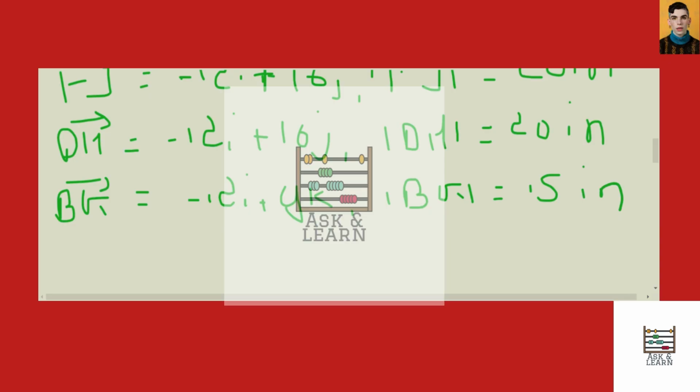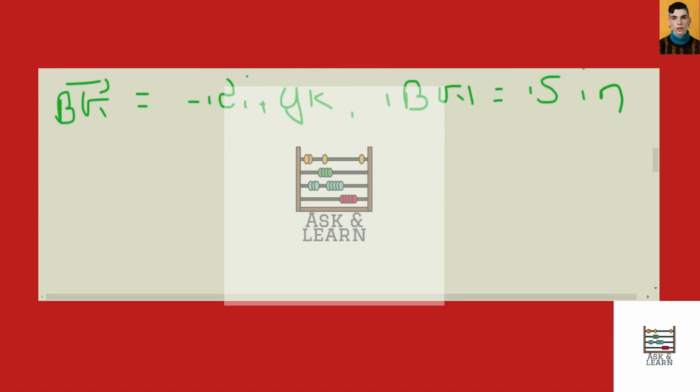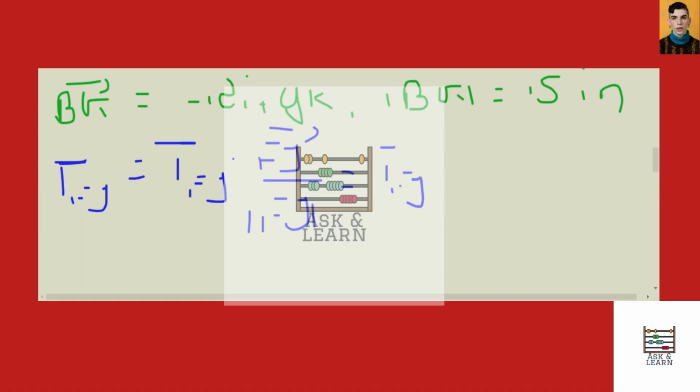Now we can find the tension as TFJ is equal to TFJ into the FJ vector upon the magnitude of FJ, which gives TFJ into minus 0.6I plus 0.8J.